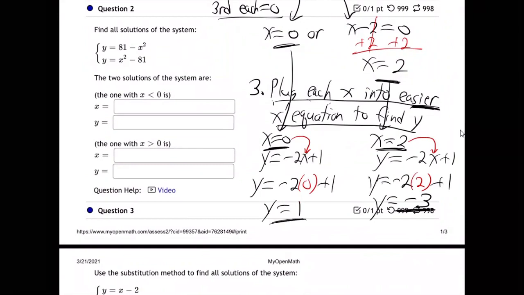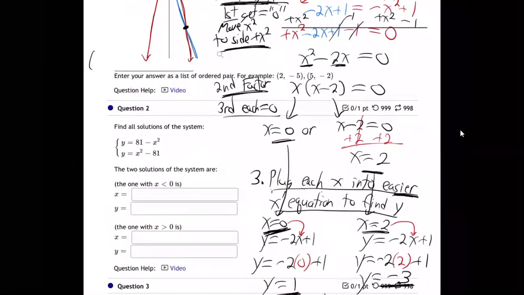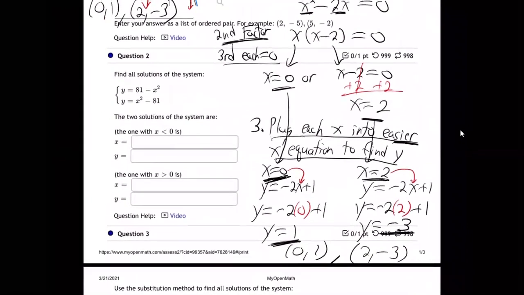So what are my answers here? It's 0, 1, because x equals 0 led to y equals 1. And this one is 2, minus 3, and put a comma between them. Those are my two answers with parentheses, 0, 1, and 2, minus 3. Does that make sense?